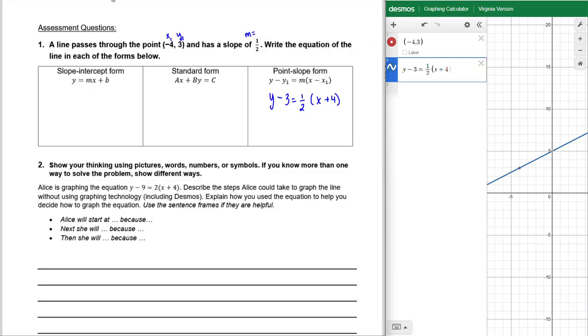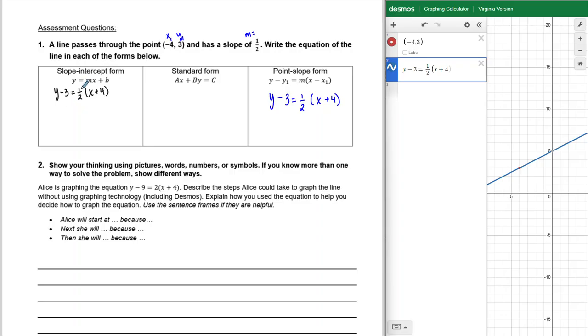So here's my point-slope form first, just copying it down here. And then I'm going to convert it into slope-intercept form. It always goes from point-slope form to slope-intercept form, and then we can go to standard form. That is the easiest process that we can do.